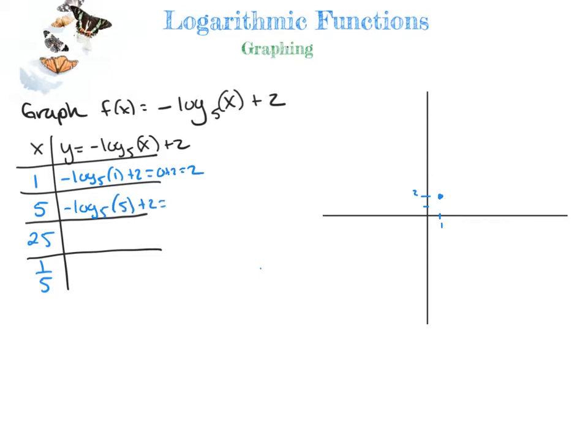Starting from the inside out, the logarithm. What's the exponent we put on a 5 to keep it a 5? That exponent is a 1. So this becomes negative 1 plus 2, which is 1. So when x is 5, y is 1.